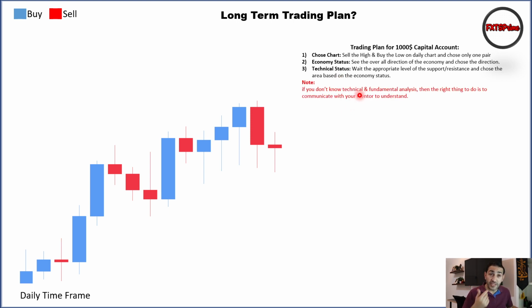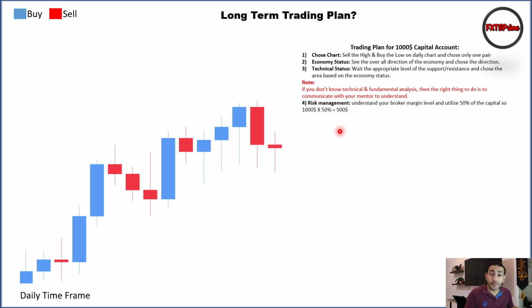To emphasize more, as we said before, if you don't know how to do the analysis and identify the direction, whether it's uptrend or downtrend for the long term, and you don't know anything about fundamentals, you just have to come back to your mentor or to us and ask and clarify the questions. We're going to provide you all the feedback.